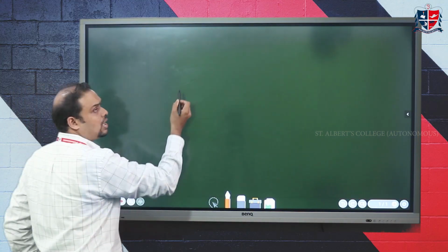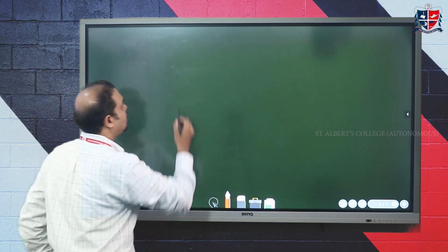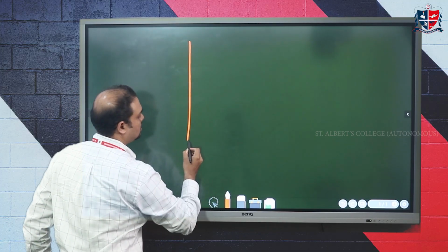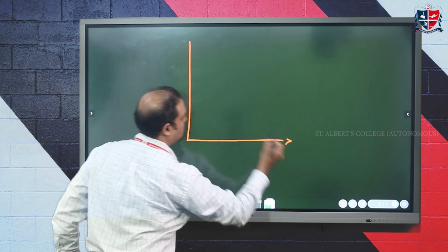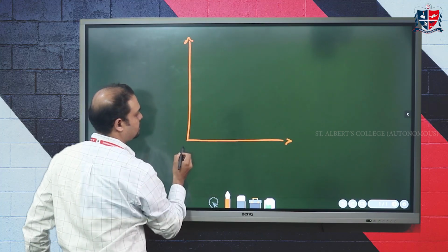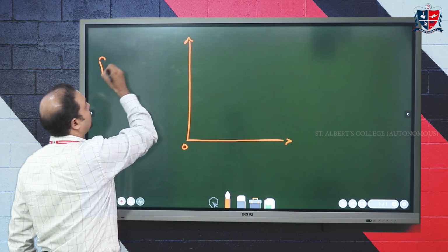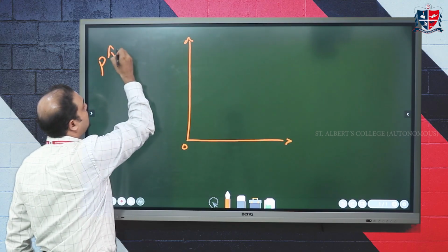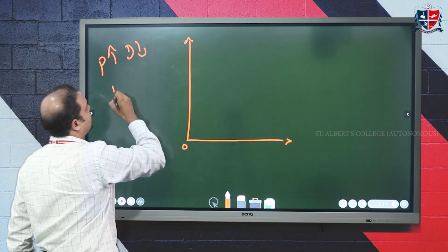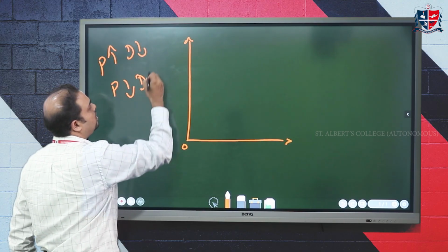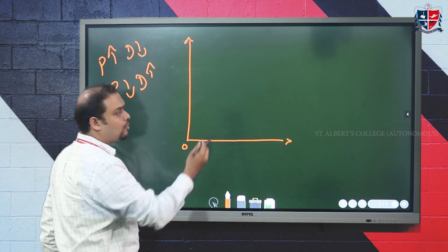So I'll just start off with some data. As you know, there's an inverse relationship between price and demand. That is, the higher the price, the lower the demand, and as price decreases, demand would increase. In that same context, I'm going to plot this here.